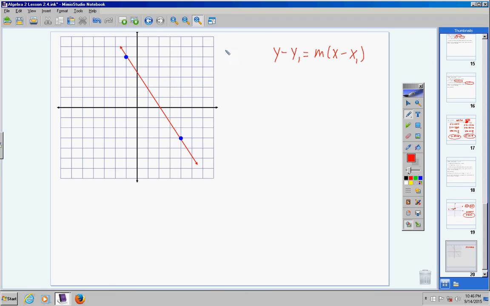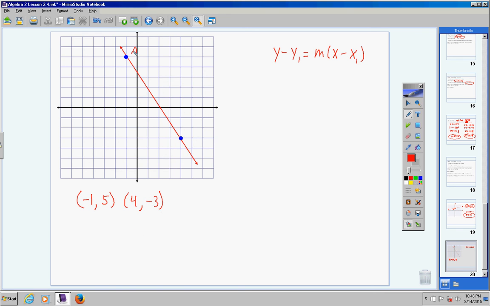My 2 points are negative 1 and positive 1, 2, 3, 4, 5. So 1 point is negative 1, 5. 1 to the left, 5 up. This point is 1, 2, 3, 4. So 4 to the right, and then down 3. So negative 3. So there's my 2 points.